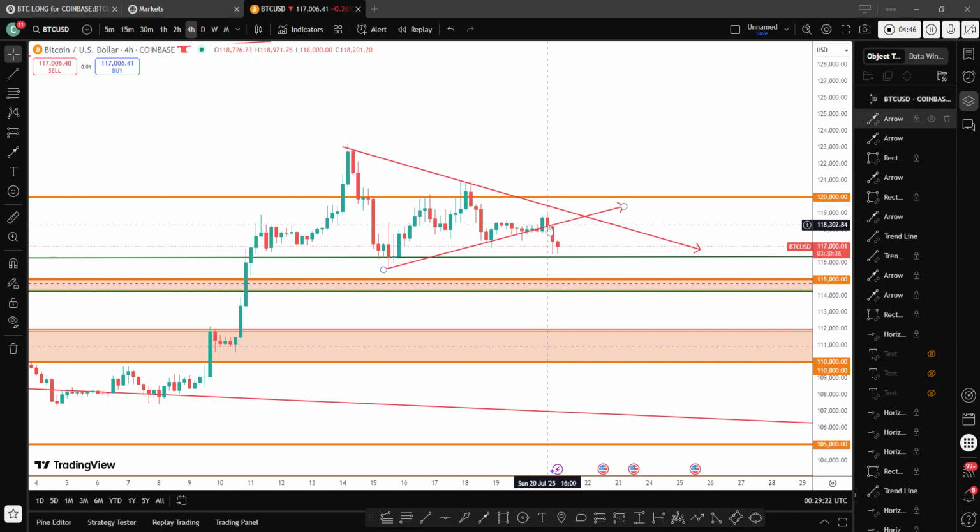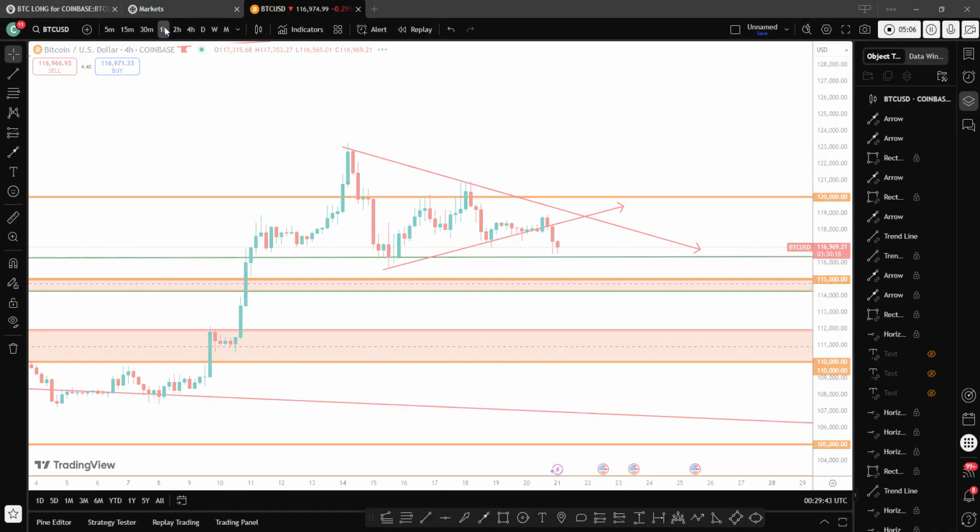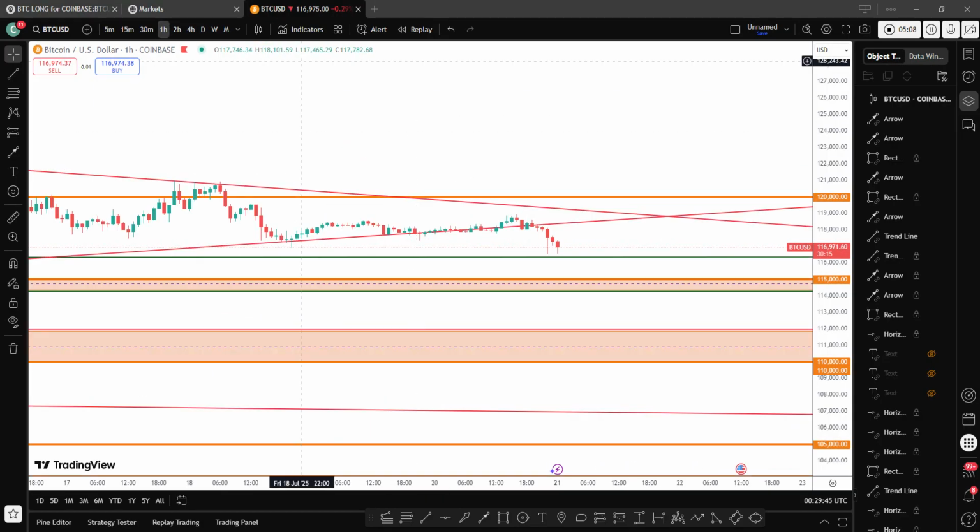So what do we see? We see a breakout from this area, from this trend line. So that means we see a continuation sell on it. But now we're having a double bottom here. So we will see more of price movement for the day.